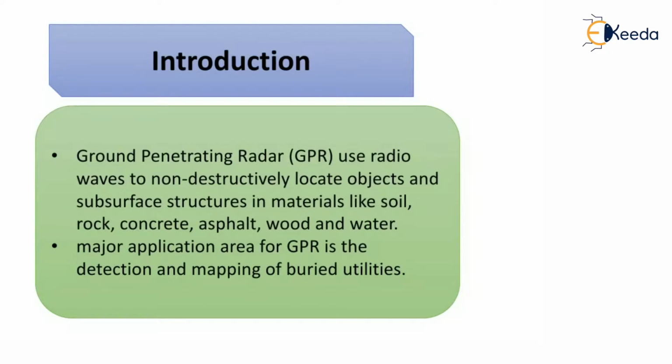Ground penetrating radar uses radio waves to non-destructively locate objects and subsurface structures present in materials like soil, rock, concrete, asphalt, wood, and water. The major application of GPR in this area is to detect and map buried utilities.